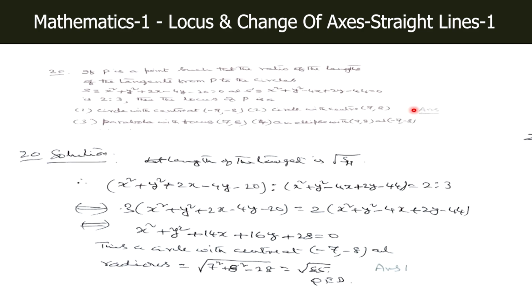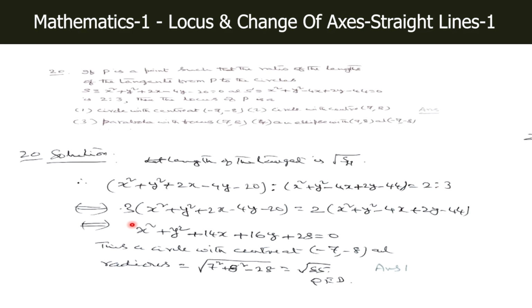Right. And you know that if S = 0 is a circle in the standard form, then the length of the tangent from an external point (x1, y1) is nothing but the square root of S11. So as per that formula, the ratio of x² + y² + 2x - 4y - 20 to x² + y² - 4x + 2y - 44 is 2:3.